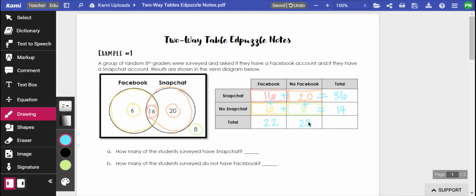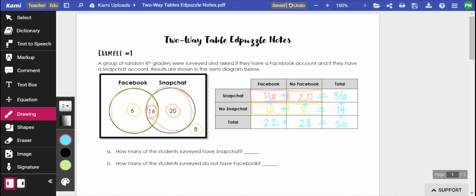So now, in order to get an overall total to see how many people were actually surveyed, we would just add either the 36 and 14 or the 22 and 28. Regardless of which way you do it, you will end up getting that the total is 50. So 36 plus 14 is 50, and 22 plus 28 is 50. So it doesn't matter how you look at that, but it's also a good way to check to see that you did it correctly.